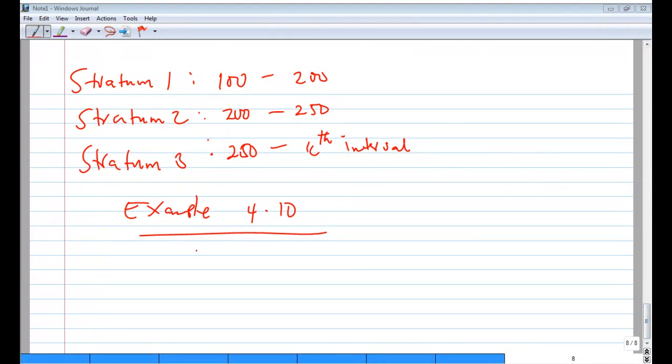We have a table 4.5, which represents the income in dollars. It's on page 33 of the lecture notes. Because the space is too small here, let me just go to the next page.